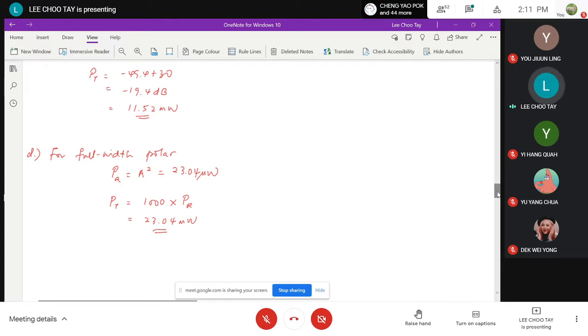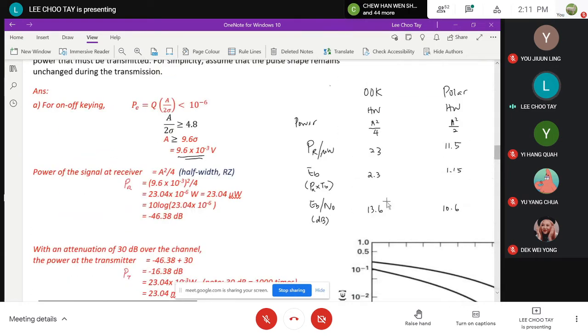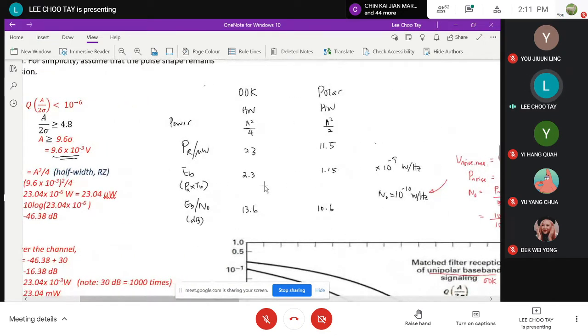Then let's do a comparison. We've done so much calculation for what? Basically, we want to compare their performance. Now we just want to compare the half wave because we have the graph for half wave in our lecture notes. If I use on-off keying half wave, power is A squared over 4, and the power at the receiver is 23 microwatt.